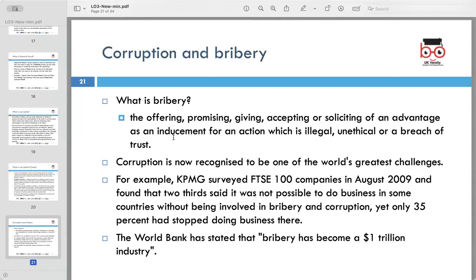As an example, KPMG surveyed the top 100 companies in August 2009 and found that two-thirds said it was not possible to do business in some countries without being involved in bribery and corruption. Yet only 35% had stopped doing business there. The World Bank has stated that bribery has become a $1 trillion industry.